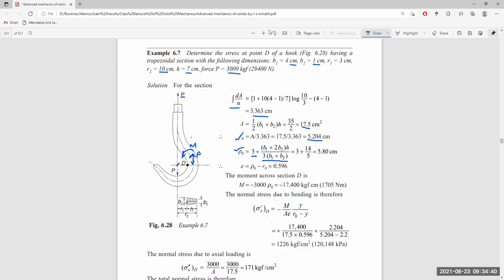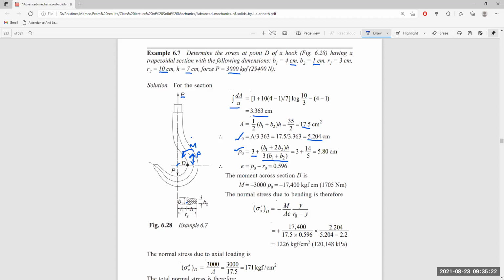We have already calculated the normal stress due to the bending, therefore from the relation we have made, sigma XD is the stress at this extreme point D, which is equal to M divided by A into E. M is the bending moment, A is the cross-sectional area, E is the distance between the neutral axis and the central axis, and Y is the distance of the point of stress which we want to know from the neutral axis itself, divided by R0 minus Y itself.